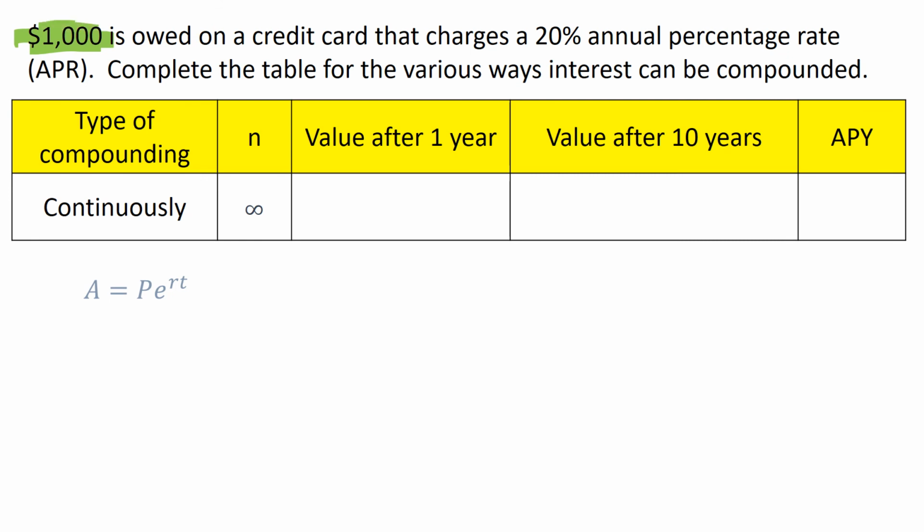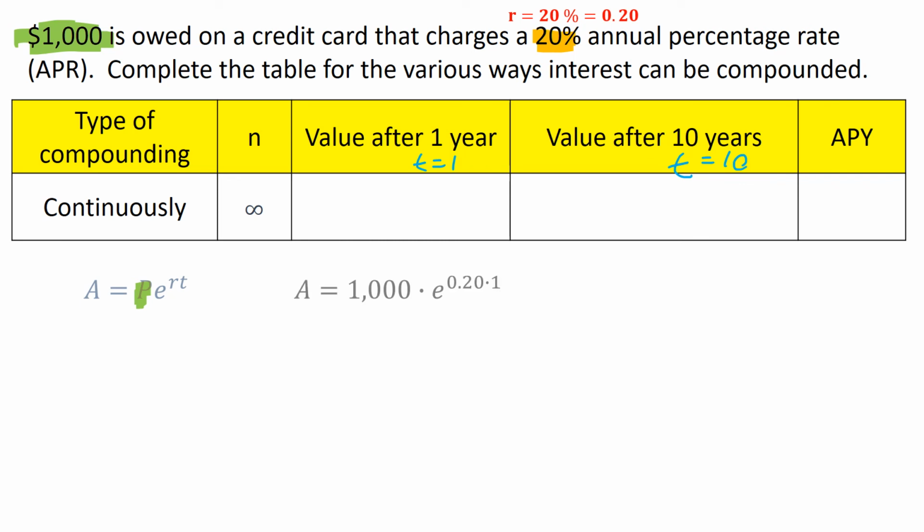So that's the P value. My rate is still 20%, so that rate is there. And t is whatever time you want to figure out. So for the first one, t is 1. For the next one, t is going to be 10.